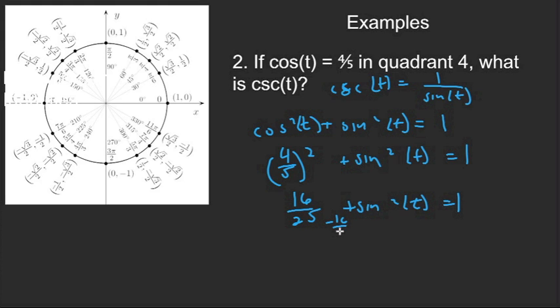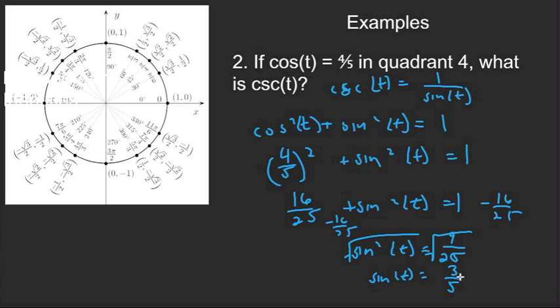Subtract 16 over 25 from both sides, and you get that sine squared t equals 9 over 25. If you square root both sides, you get that sine of t is equal to 3/5. Remember, we're finding cosecant, which is the reciprocal. So cosecant of t equals 5/3.